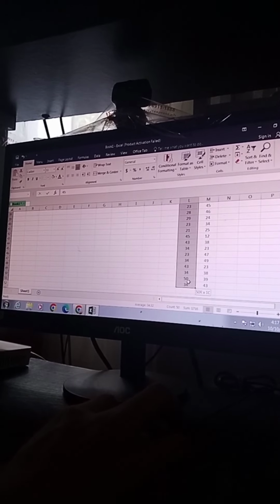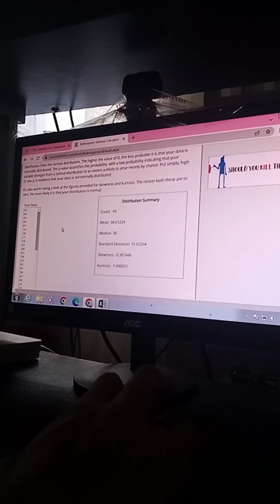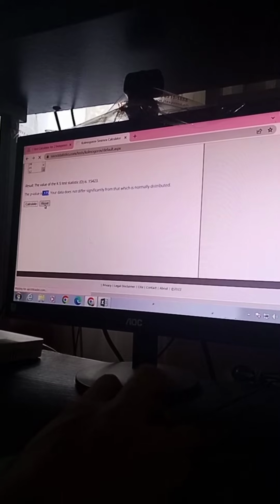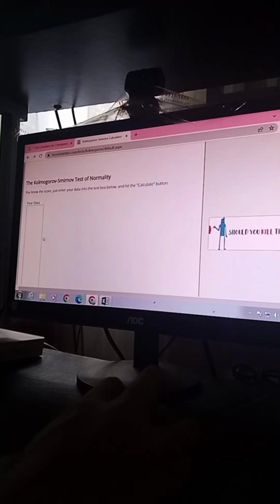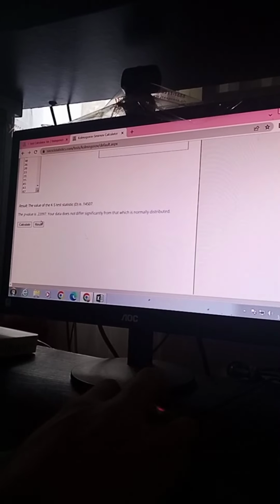Our first step is we need to copy all the data in group A, and we have to paste it in the Kolmogorov test for normality to test the data if it is normally distributed.